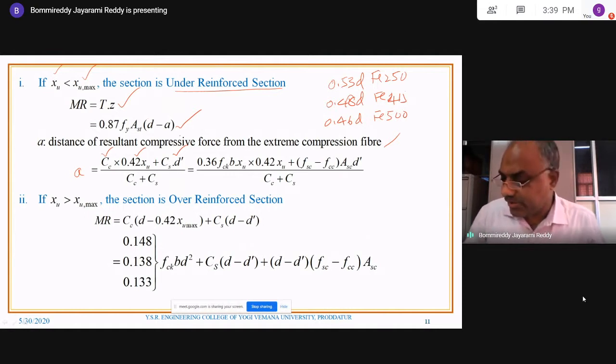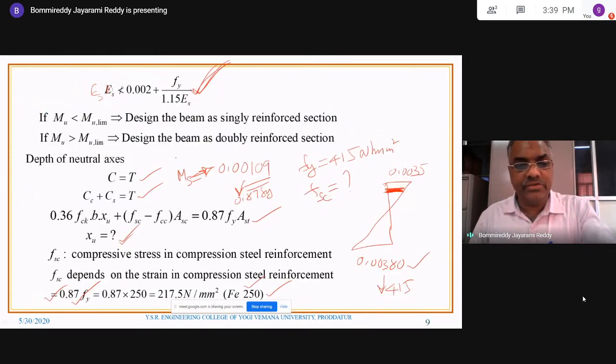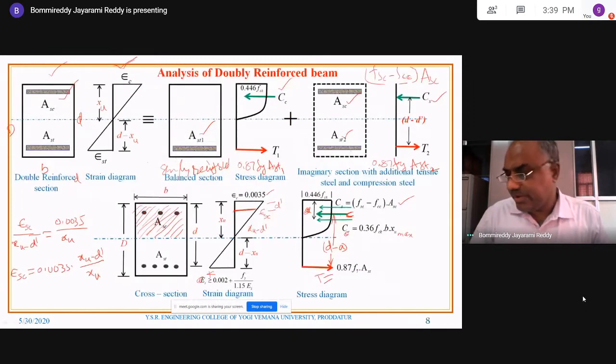Otherwise, because the doubly reinforced section has its own unique feature, what are we contributing? Any moment is the sum of the moment MU1, because the moment corresponding to this section is MU1, and the moment corresponding to this is MU2. So the final moment is MU1 plus MU2.